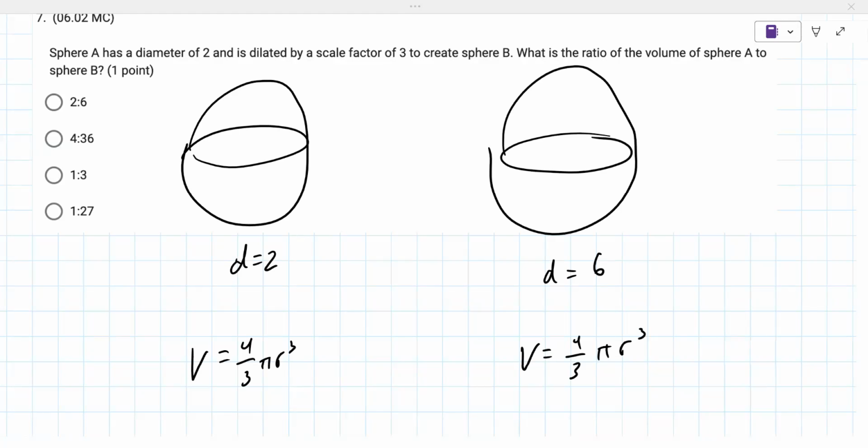Ratio from sphere A to sphere B. Let's see, so that's B's.